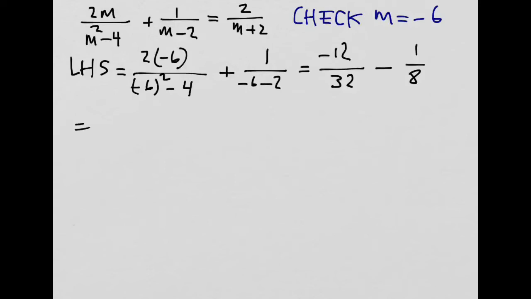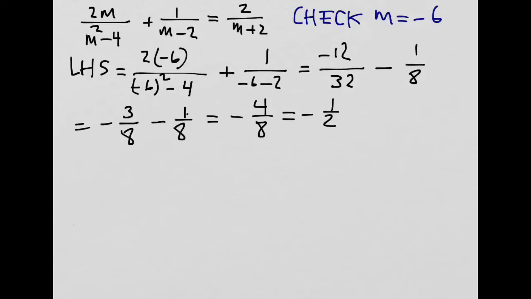If we divide by 4, we get minus 3 over 8 minus 1 over 8. That's minus 4 over 8, which simplifies to negative 1/2. So if we plug in minus 6 for m on the left-hand side, we get minus 1/2.